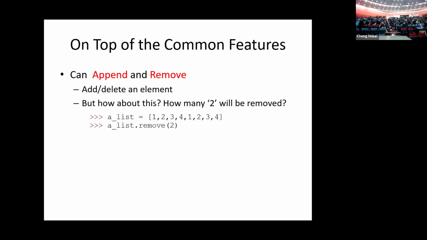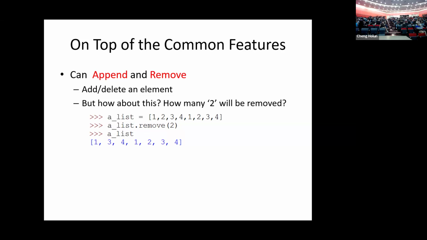This is confusing. The answer is what? How many 2s will I remove? Only 1. And the leftmost one, okay? And congratulations, you will get it in the midterm because you remember this. You get it correct, right?